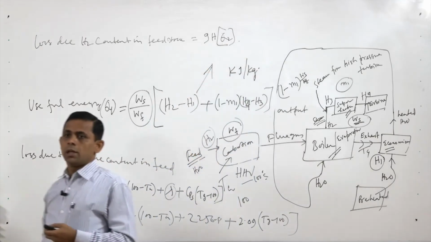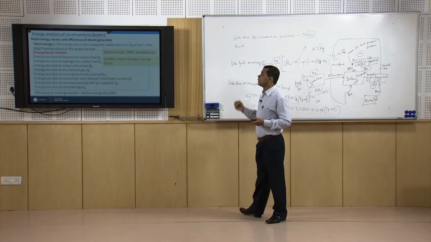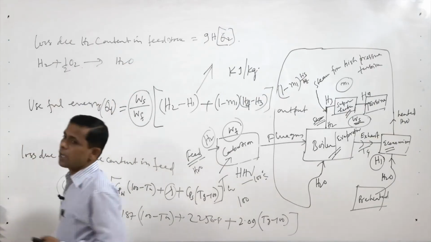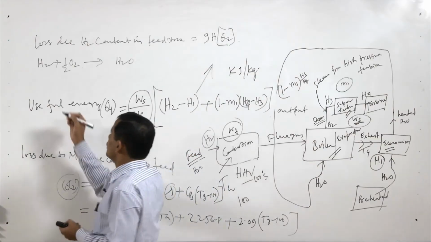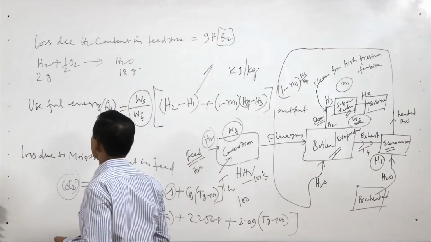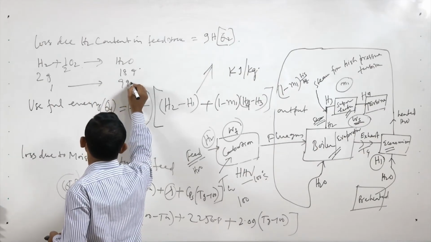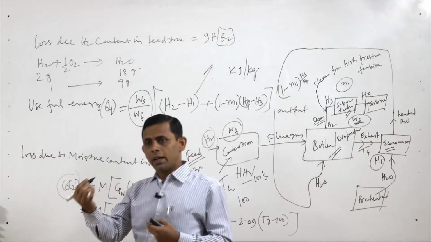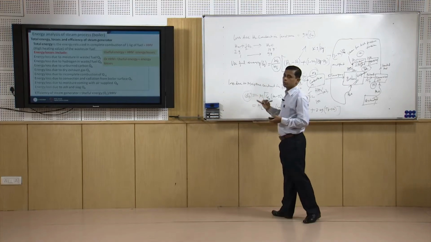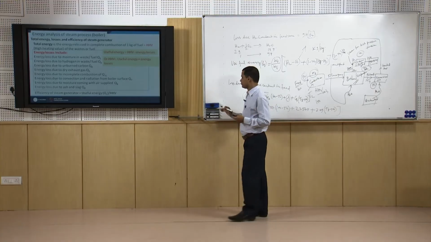Why so? Because this hydrogen available in the feedstock will react with oxygen to give H2O. So, H2 plus half O2 gives H2O. So, 2 gram of hydrogen gives 18 gram of water. So, 1 gram hydrogen will produce 9 gram of water. That is why 9 into H into this Q2 will be the heat loss due to the presence of hydrogen in the feedstock.